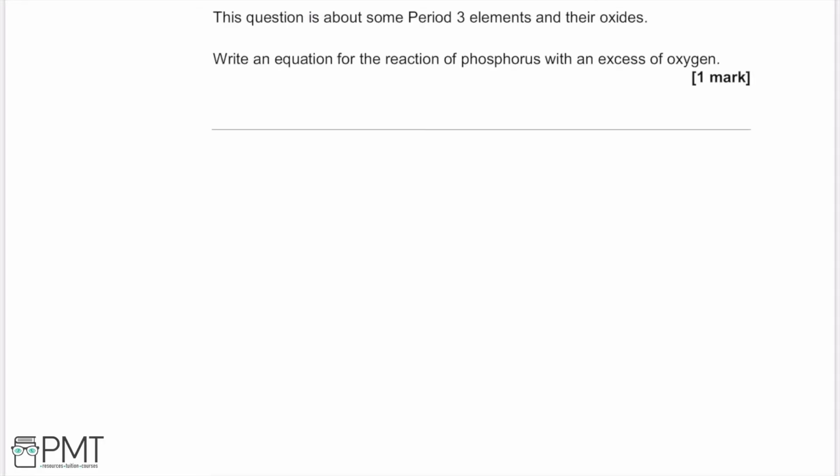This next set of questions require a lot of fact recall and are about some period 3 elements and their oxides, where the first question asks us to write an equation for the reaction of phosphorus with an excess of oxygen. Now, we know that phosphorus oxide is produced as phosphorus is slowly being oxidized, and this exists as P4O10.